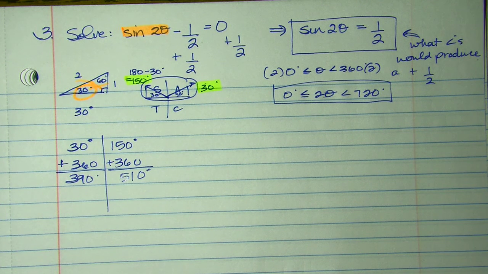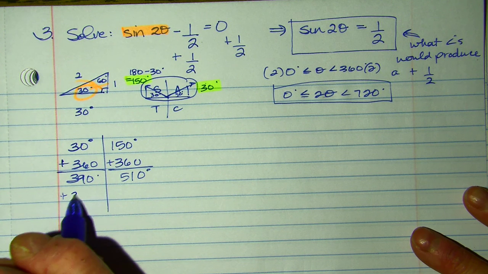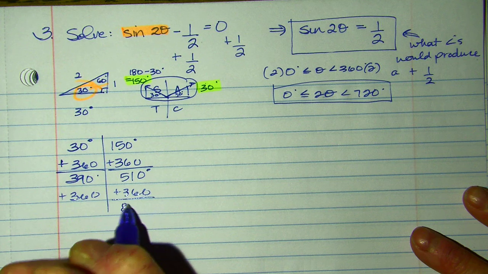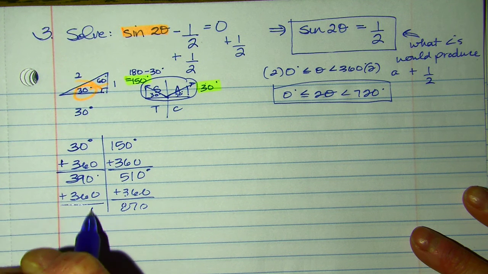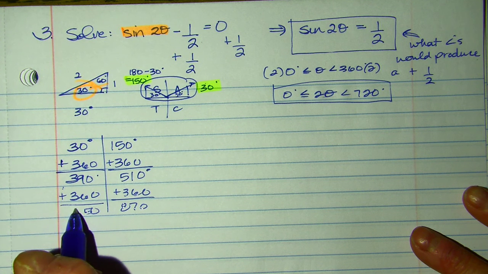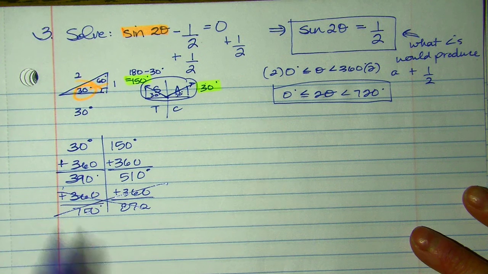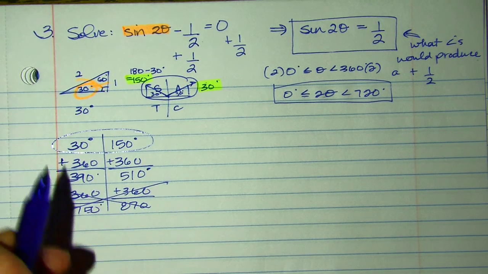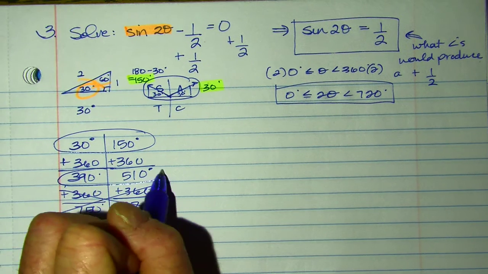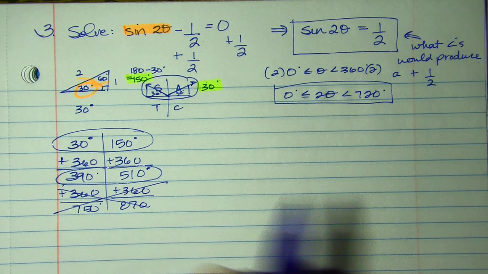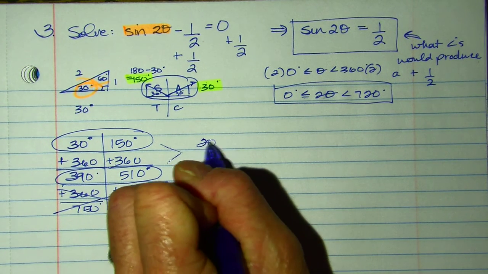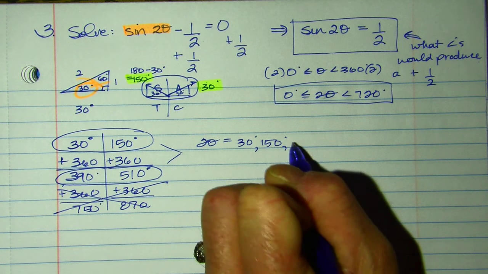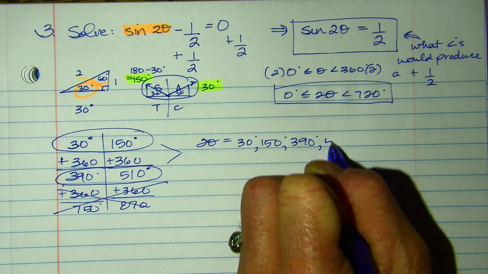Next one. Can I add another 360? Well, this gives me 870. This gives me 750, so I cannot. So I would stop here. So I'm looking at these 2 angles, and then after adding 360. So 2 theta equals 30, 150, 390, 510.